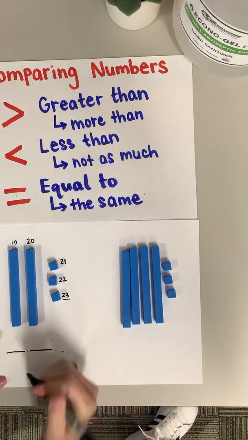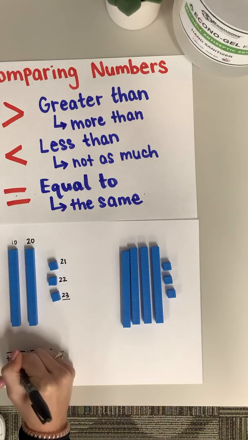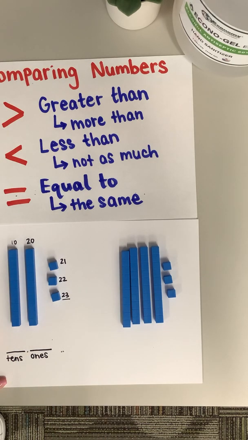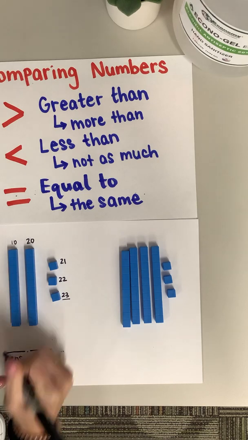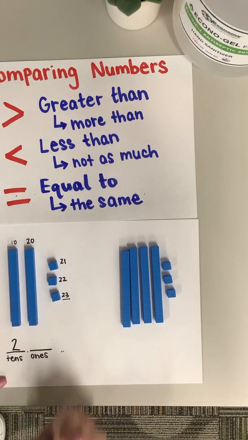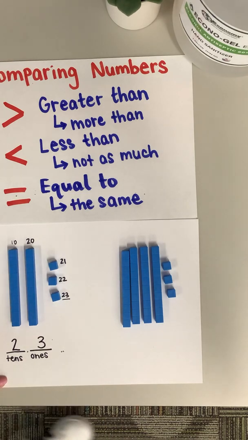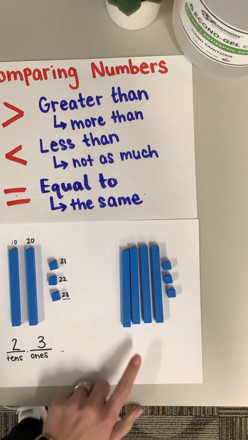Let's put it on our place value. I have tens and ones places. For 23, my 2 is going to go in my tens place, and my 3 is going to go on my ones place. Let's look at my second number.